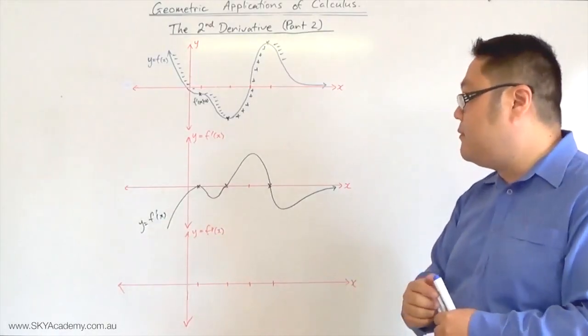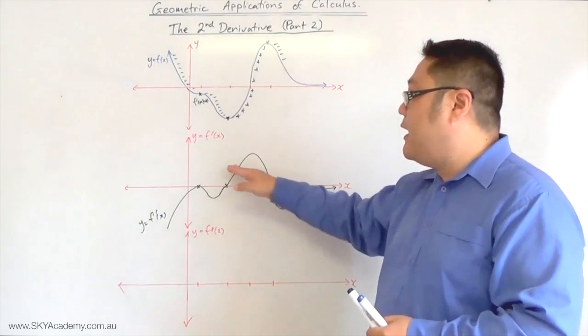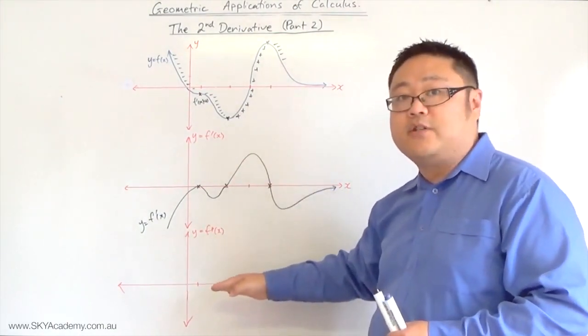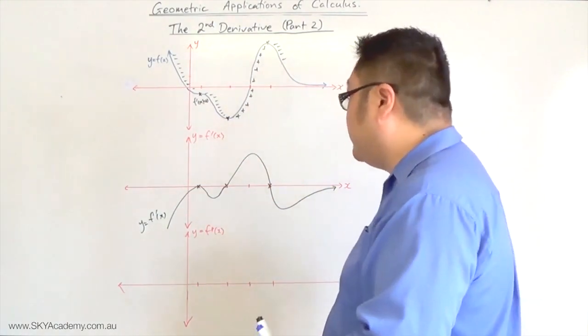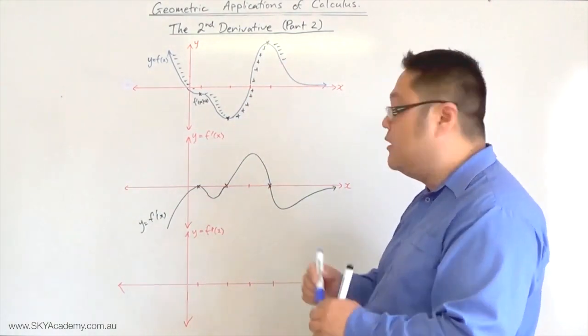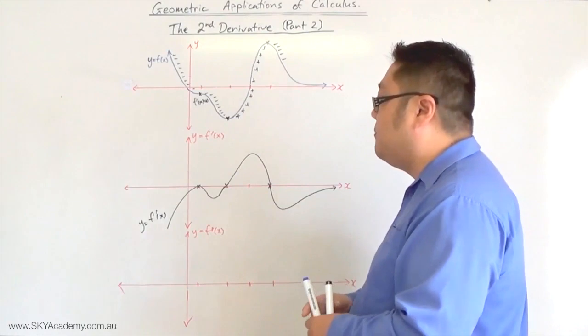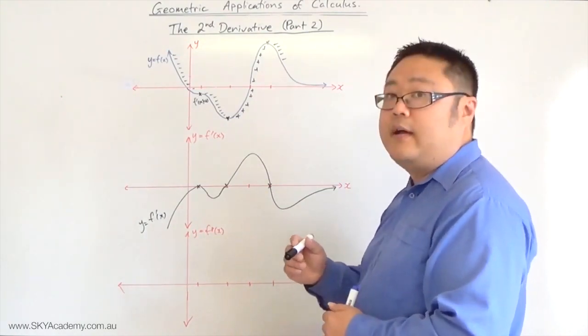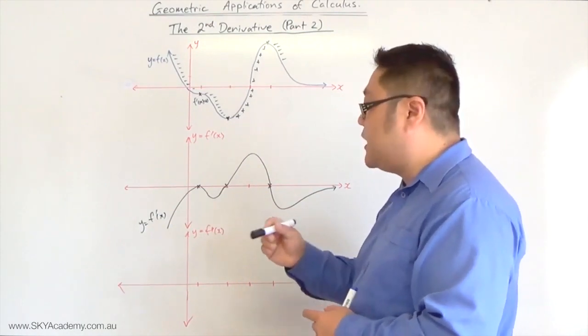Okay. Well, let's have a look at how this affects the second derivative function. Okay, so the way that this affects the second derivative function, again, we'll start by looking at the stationary points.